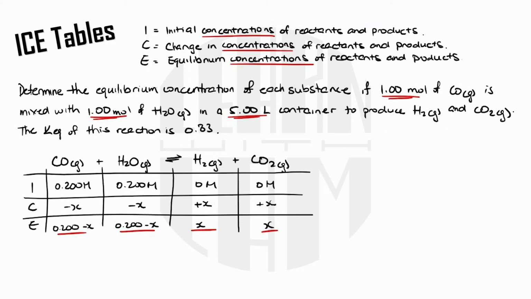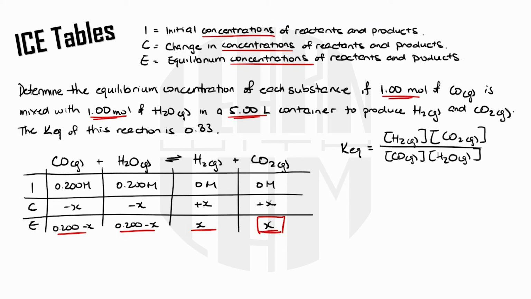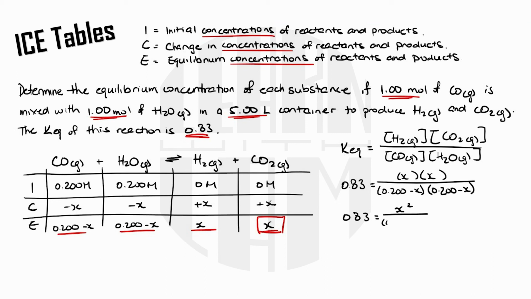Again, as soon as I have x, we're just a substitution away from the answer, so let's set up our KEQ equation, products over reactants as usual, and we'll substitute in all of the information we have. So 0.83 equals x times x divided by 0.200 minus x times 0.200 minus x, which we can simplify to x squared over 0.200 minus x squared.